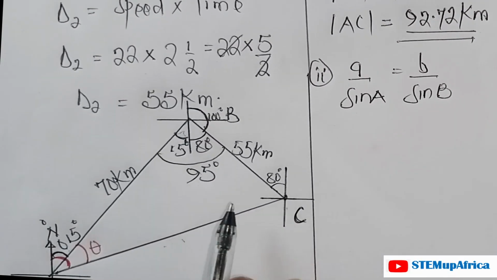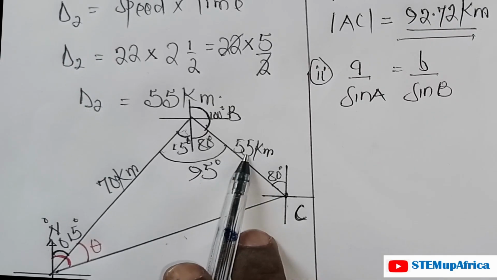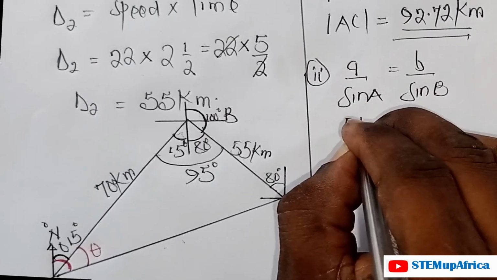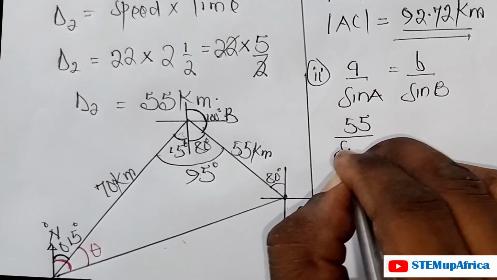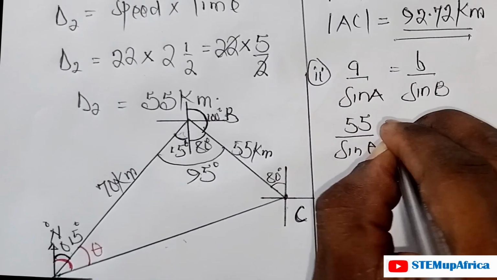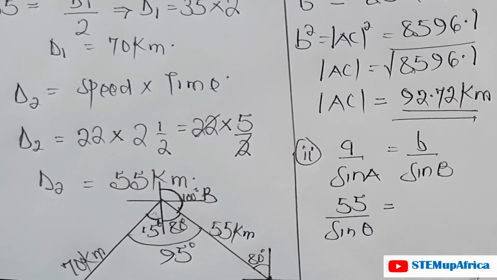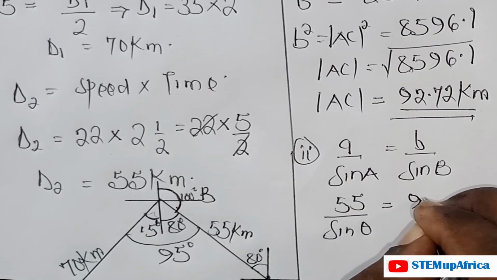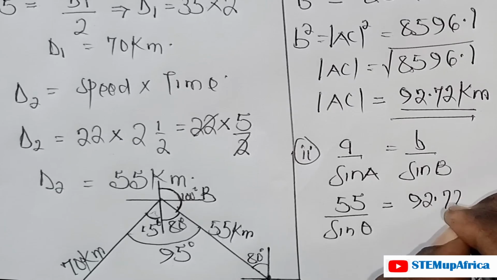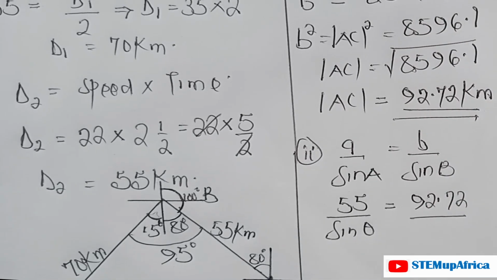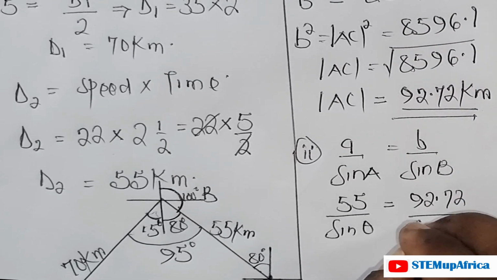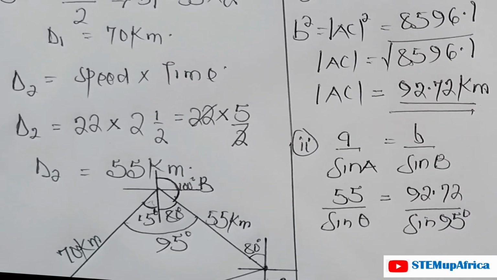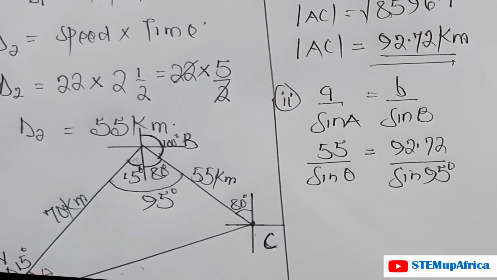Small a remains 55 kilometers. So I have 55 over sine theta equals small b, which we've already calculated, our AC, 92.72, over sine 95 degrees.